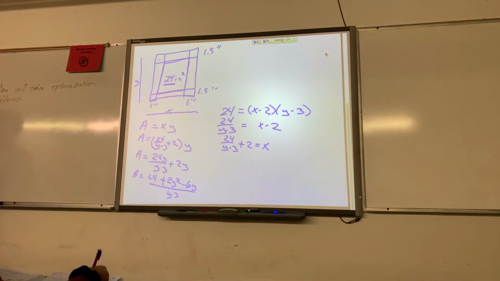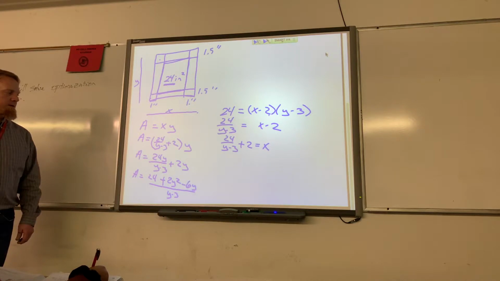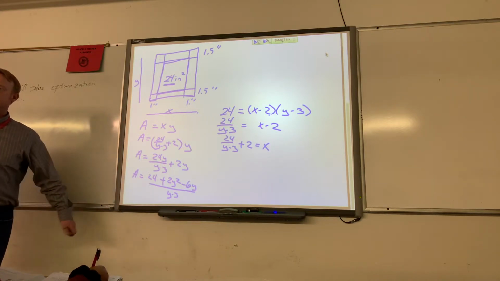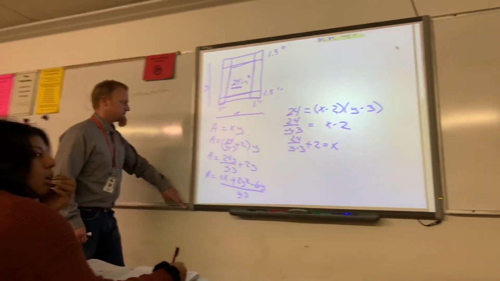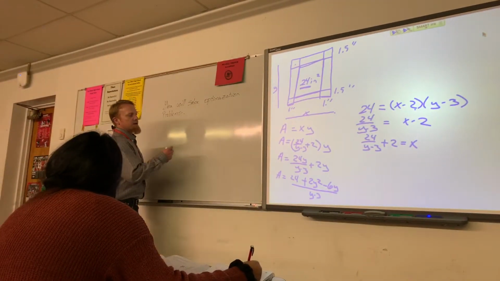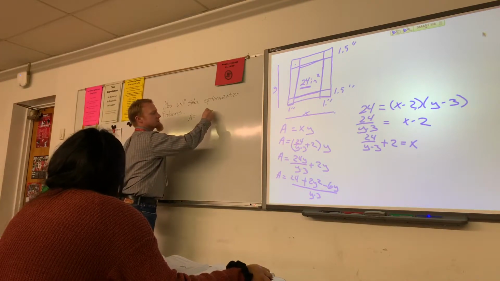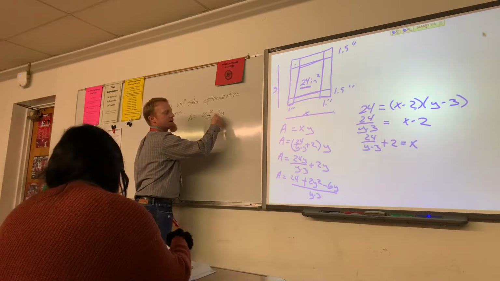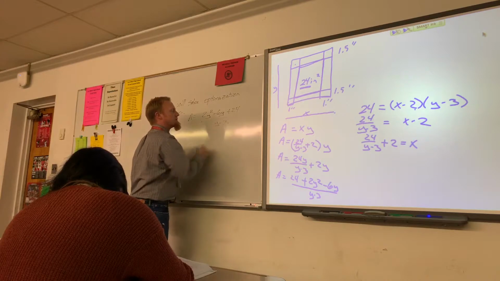Could you multiply y minus 3 times that? Oh, we're trying to take the derivative. No, we can't do that. We can only do that if it's equal to 0. Okay. All right, so move over here. Put that in order. So that's going to be 2y squared minus 6y plus 24 over y minus 3.